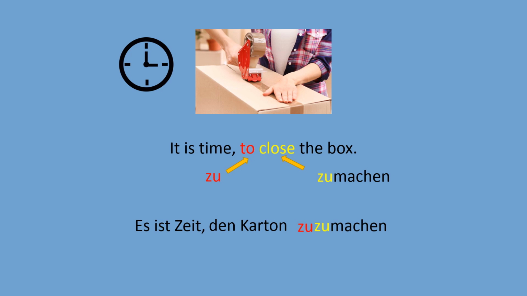The red zu is just a particle as an indicator that we use an infinitive. The yellow zu is our separable prefix, but in this case it's not separated from the verb because we use only the infinitive. We do not have subjects. Our verb is not in agreement with any subjects. We do not have conjugation here. So this is how we practically use these verbs with separable prefixes in the German language.